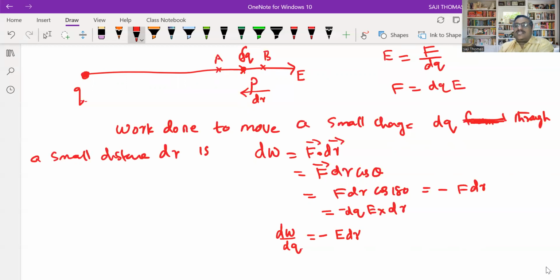That is known as change in potential. dW is the change in work for moving a small charge dq. So dW by dq is known as potential difference, dV. So dV equals minus E dr.